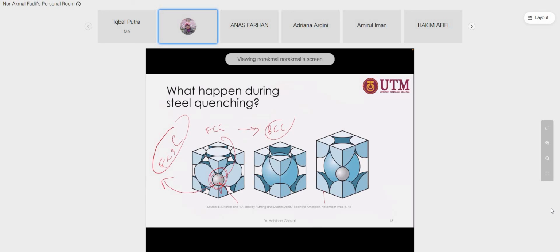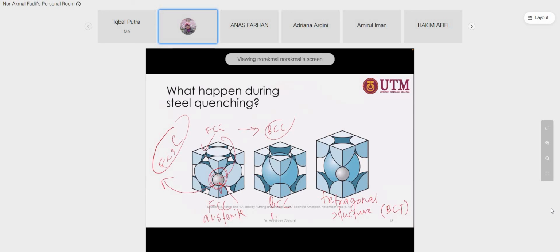We call this tetragonal structure BCT, body-centered tetragonal. This is BCC, this is FCC. So the body-centered tetragonal structure is a new phase, martensite.